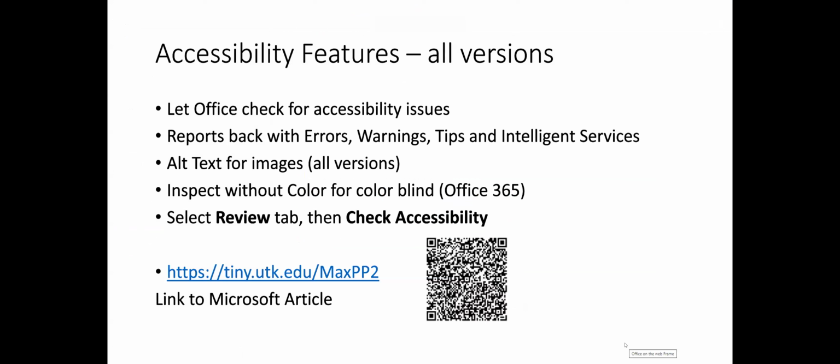Great. Accessibility features is something that has been incorporated within the Microsoft suite fairly recently. Right now, this feature is available in all versions of Microsoft Office, and we're talking about PowerPoint in particular. We know that accessibility is in the forefront for all of our public institutions.